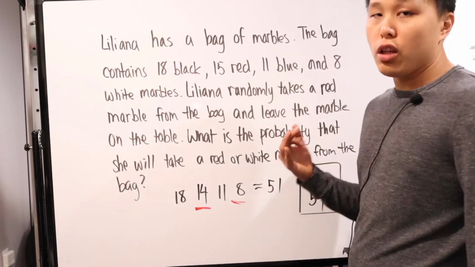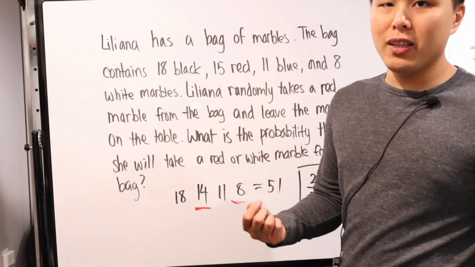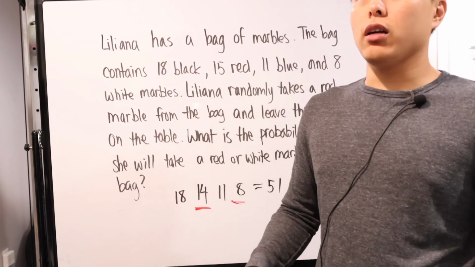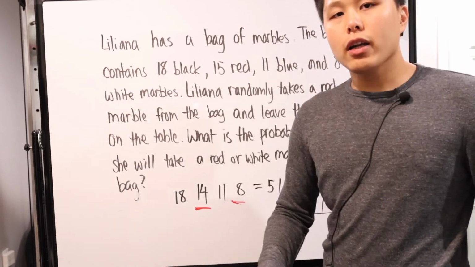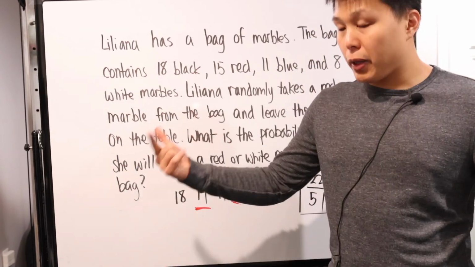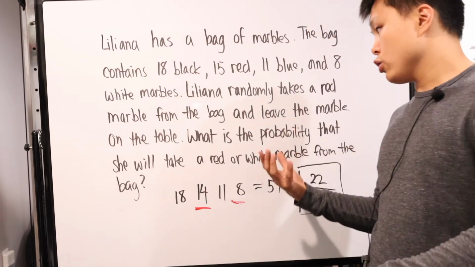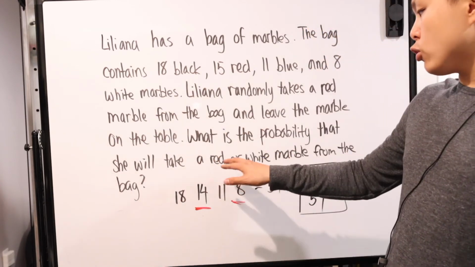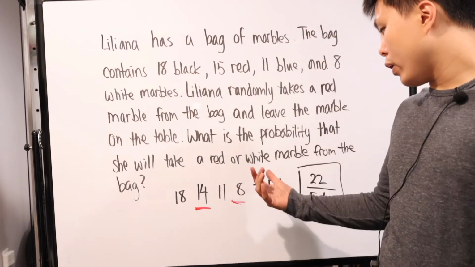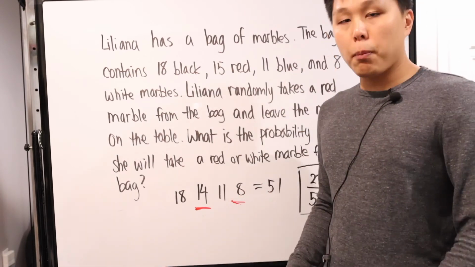That's the one that can get a little more tricky, because all of a sudden they're talking about the probability of her drawing a specific card, like a jack of hearts, and then they're talking about red and black suits, or different kinds of face cards, and so on and so forth. That's when it can get more complicated. But this one, there's no mix in it. There's either a red marble or a white marble that they want, and there it is. So that is our probability problem.